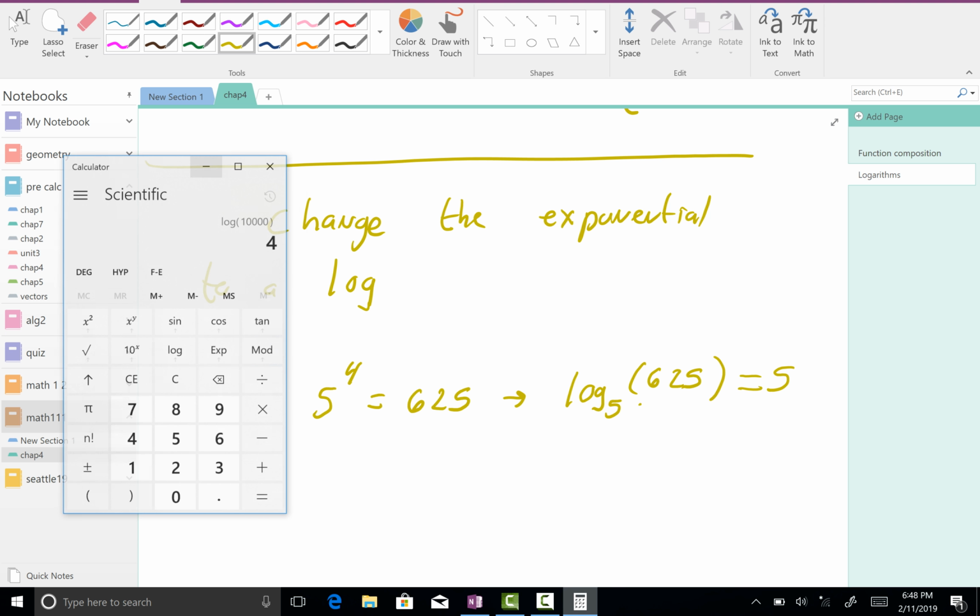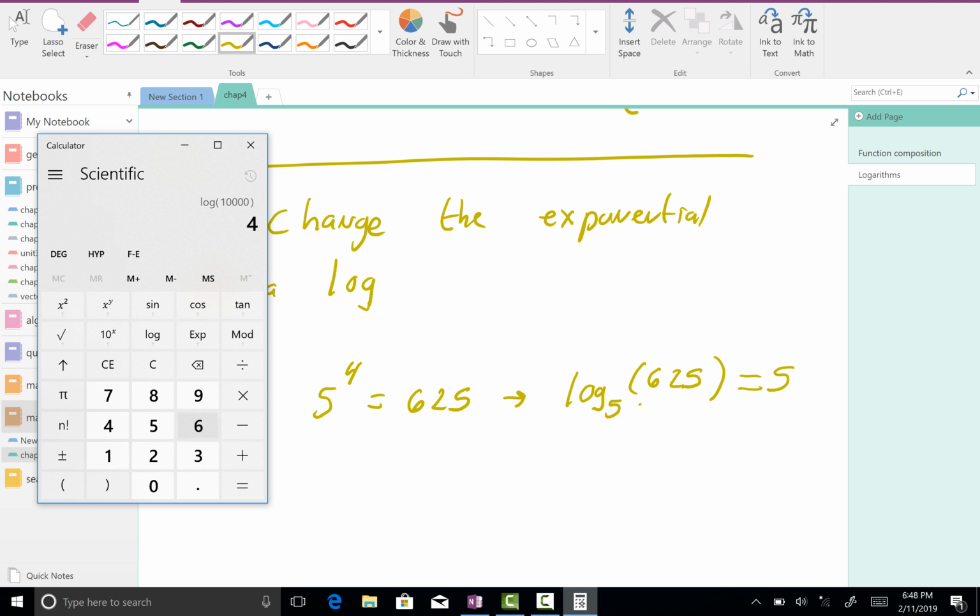So if I go into my calculator or Desmos, whatever you want, log, oh, I can't do it because I don't have the right base. Here it's really hard to do because I don't have a key that lets me put any base I want in there.